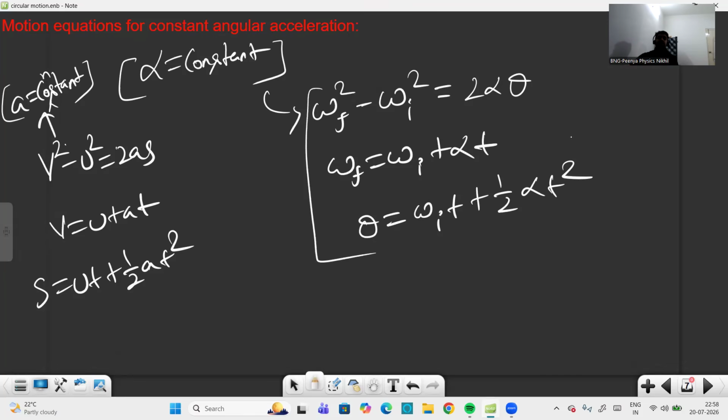So these are the important relations. We can memorize them by keeping this in mind. This is the motion equation for constant angular acceleration.